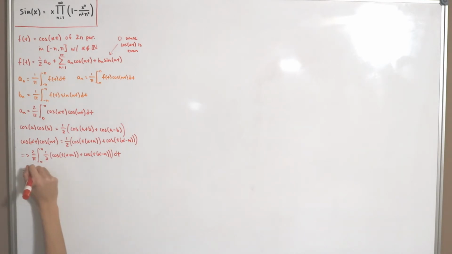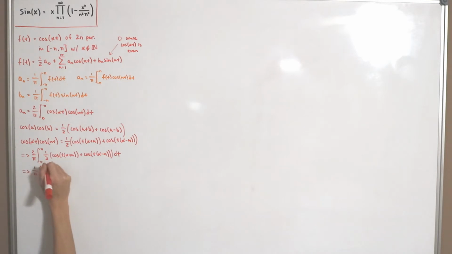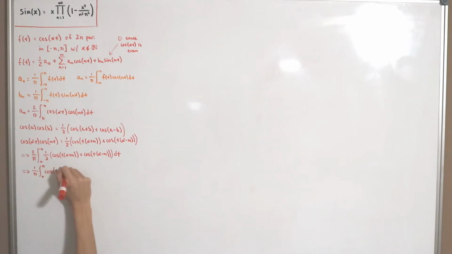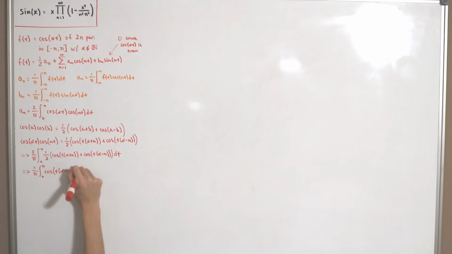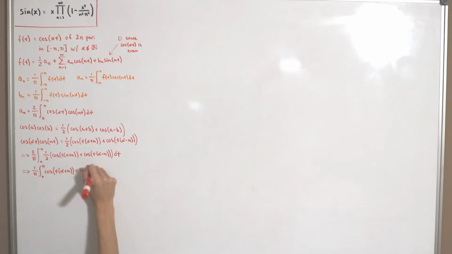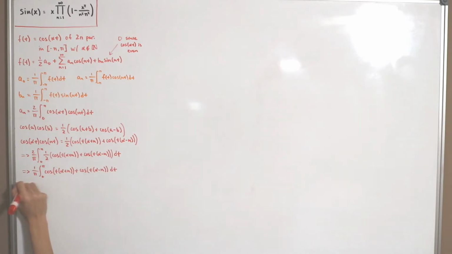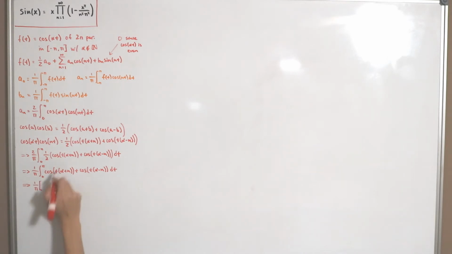So this means we get that this is just 1 over pi, and then we have our integral from 0 to pi of cosine of t. This is basically just rewriting the same thing we wrote out earlier, and this is not that difficult to show. So this is 1 over pi, and then you do a u substitution.